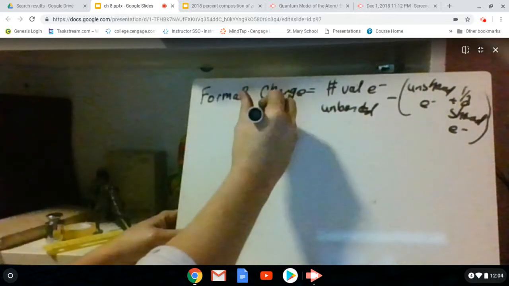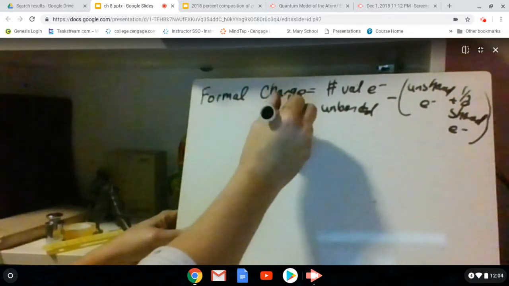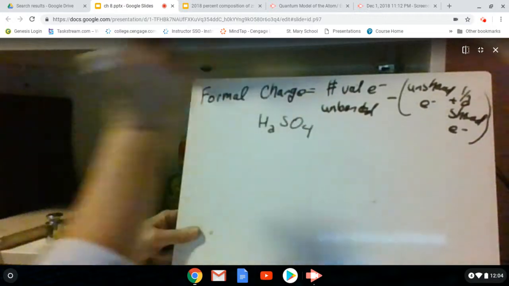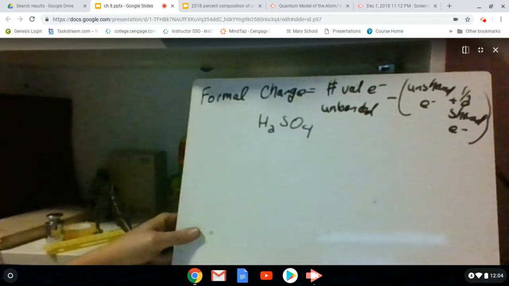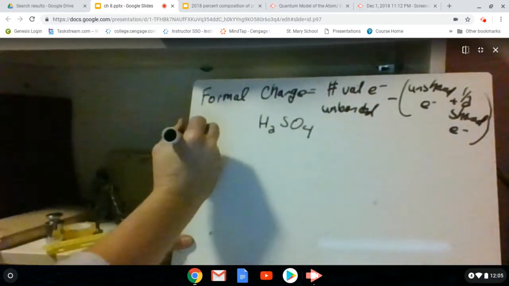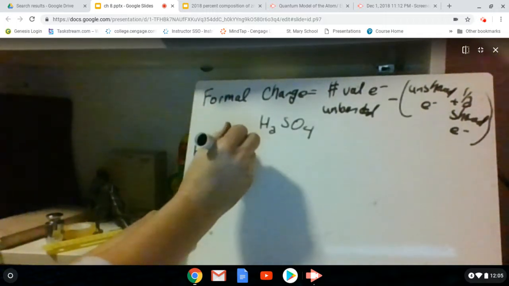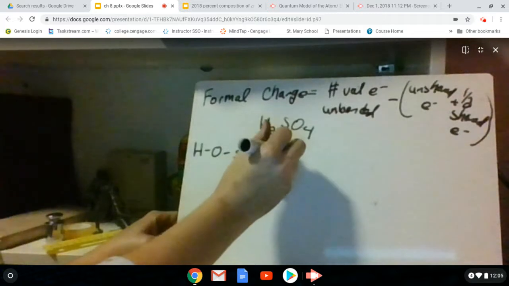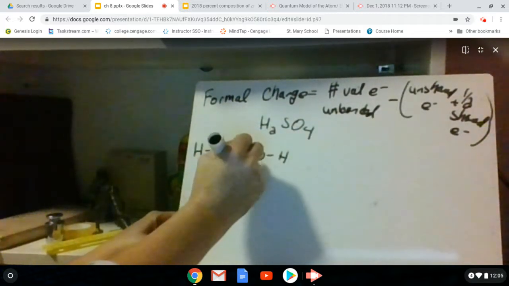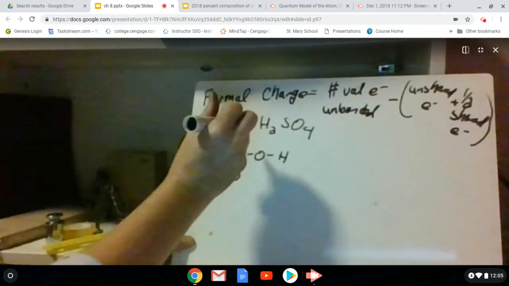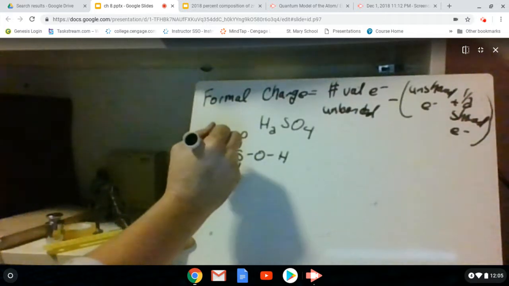So we're going to do this for H2SO4. We're going to write out the two possible structures for this. And it's going to be HOSO, HOO, and filling in the electrons.